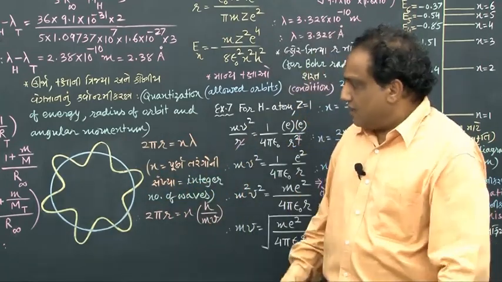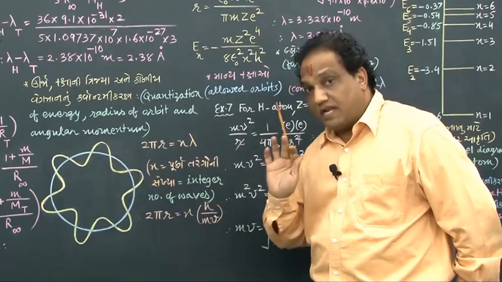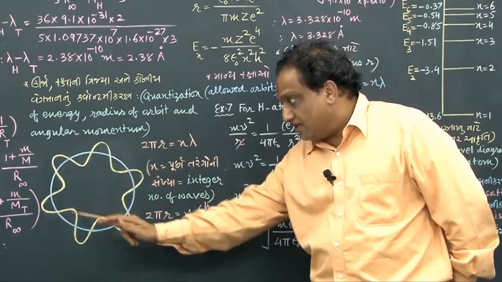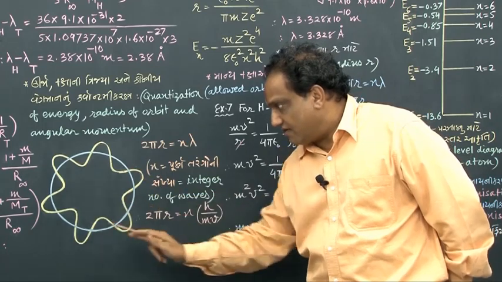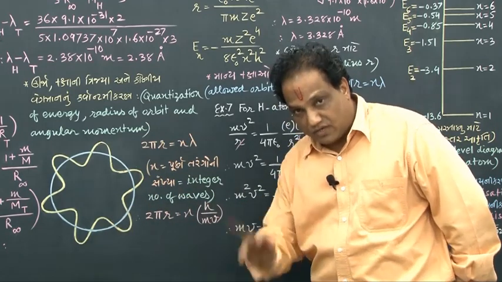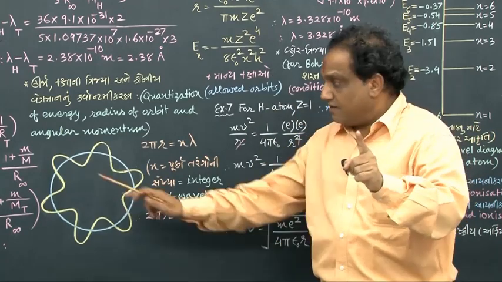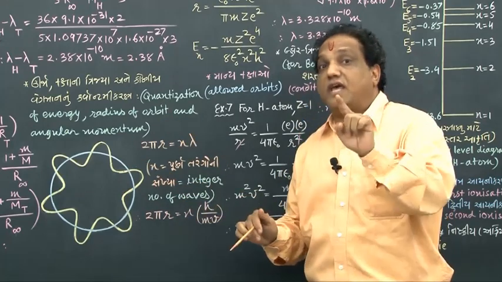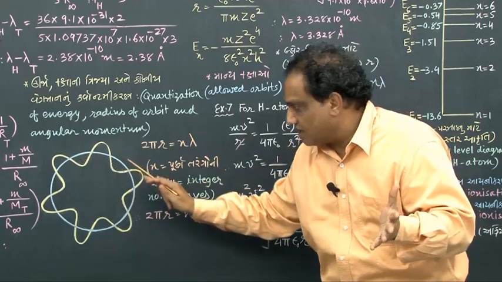Fine. Now tell me, if wavelength of wave is lambda, then if there are n number of integer waves selected on this circumference of this orbit, then if such a motion of electron is to be represented by such a wave in which there are n number of integer waves, then tell me what should be length of circumference.